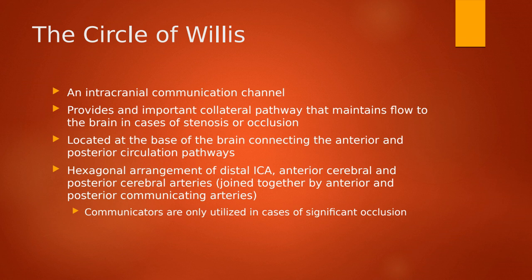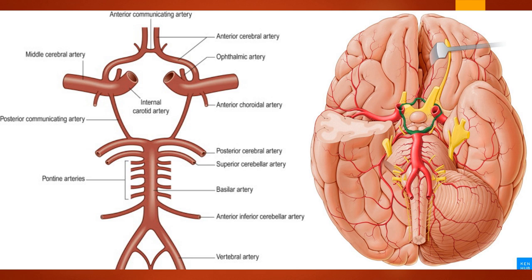So let's see what this quote-unquote circle looks like, this hexagon pattern. Let's look at the picture on the right-hand side. We have our circle of Willis. This is going to be the posterior aspect of the patient's brain, anterior aspect of the patient's brain. So we said our posterior circulation is coming up from our vertebrals, joining together to form our basilar. Then we're going to have our posterior cerebral arteries right here.